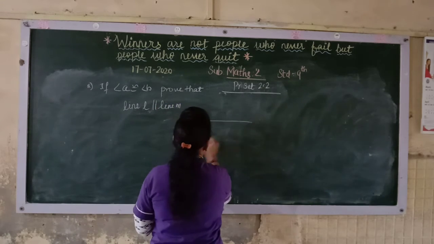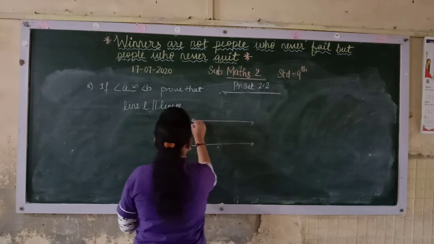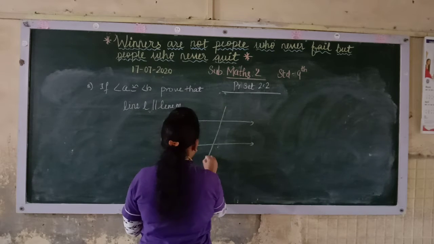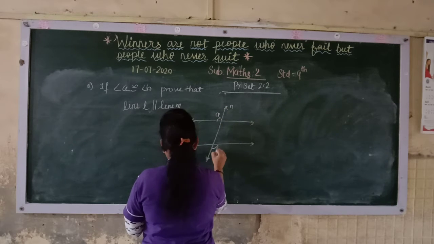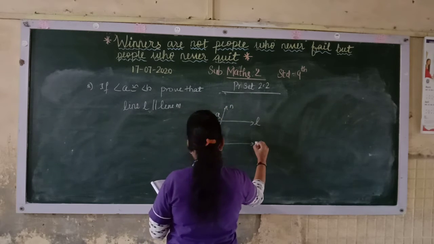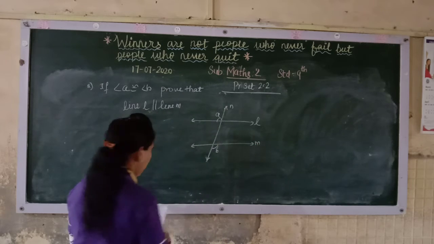Now see what structure they have given over here. They are given these two lines, and here there is a transversal line. This is A and this is B. This is m and this is n.